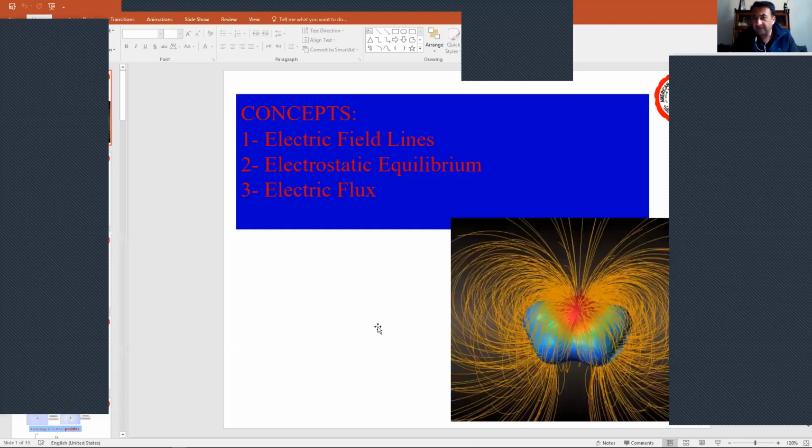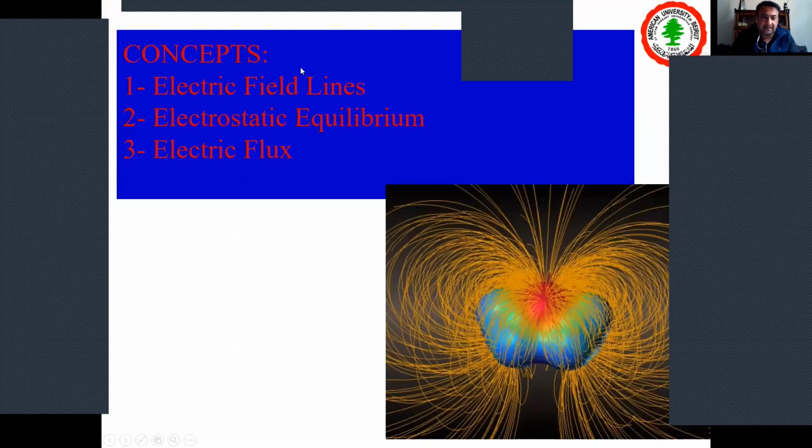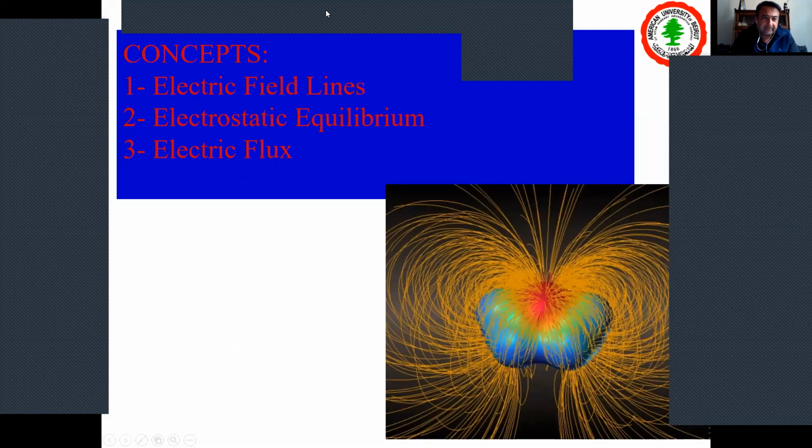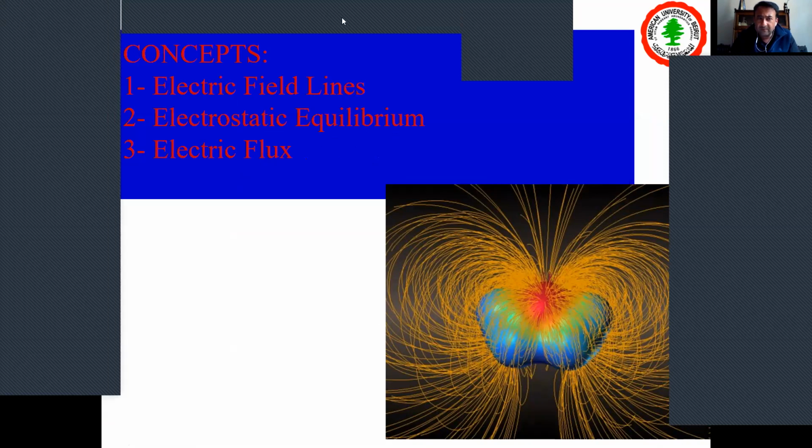Can you see this chapter, concepts, electric field? What can you see, guys? Can you please tell me? I see the slide, but there are some black things on the screen.